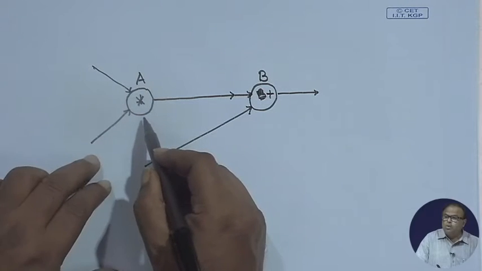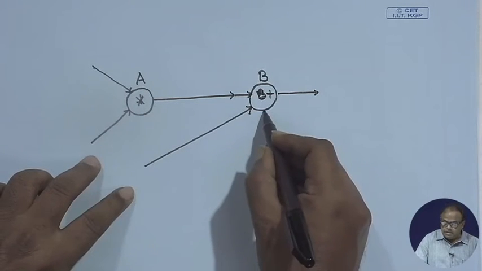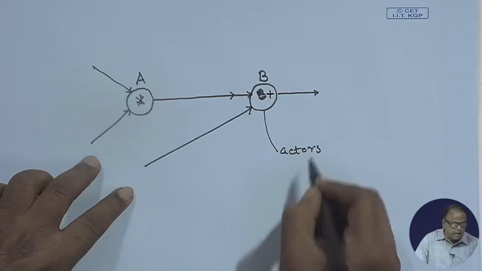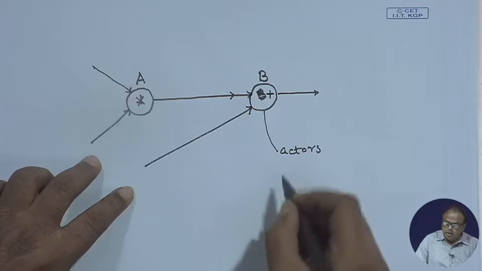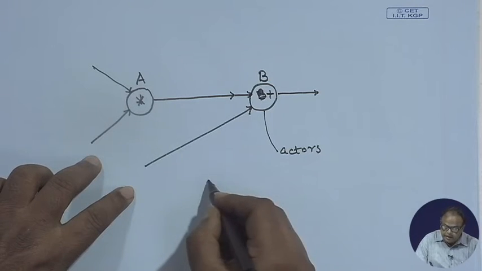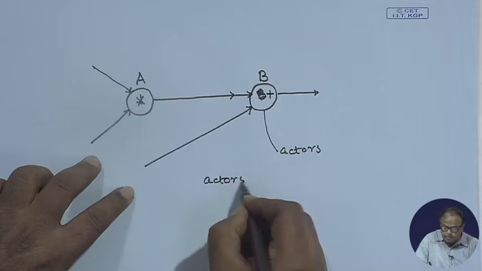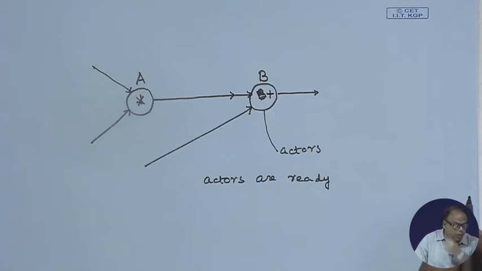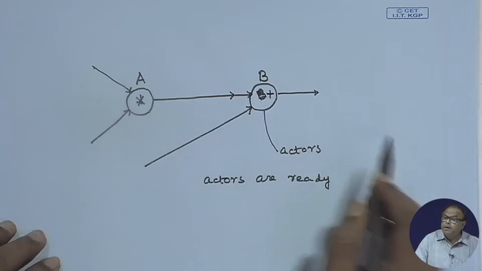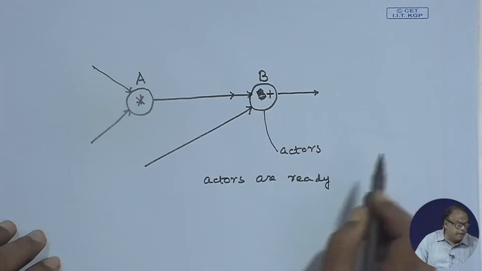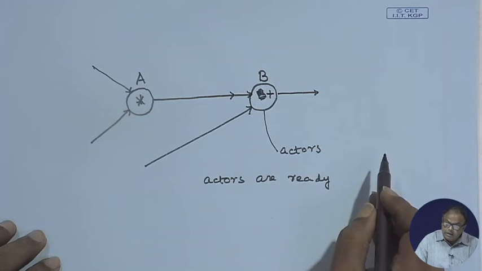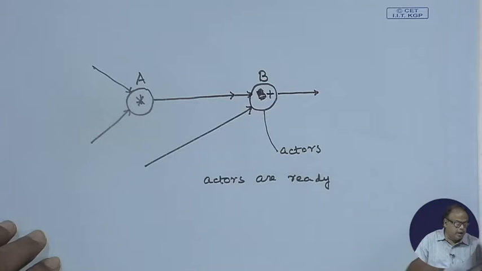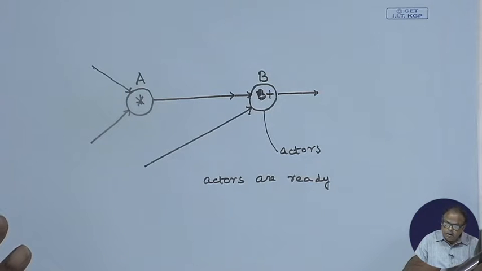Now, these nodes are known as actors. Now, the actors are ready when the necessary number of input tokens are available and enough buffer space is available at the output. Okay.